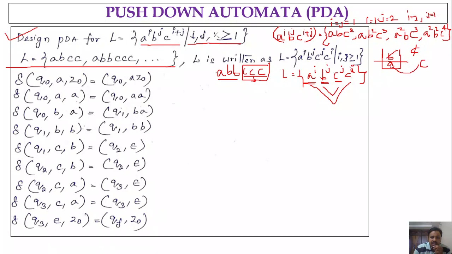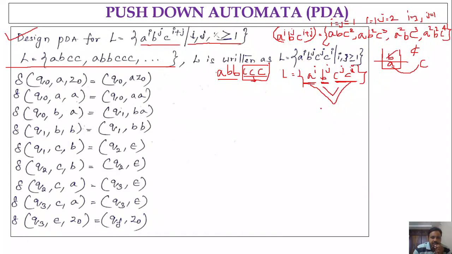So that is the reason I have written the equation in this form: a power i, b power j, c power j, c power i. Anyhow, it is not going to change the language, it is not going to change the pattern of the string with respect to the given mathematical equation of the language, right? So it is not going to influence the strings generated based upon the given language properties.